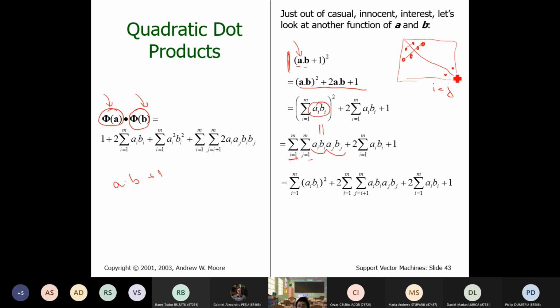Does it make sense? Because if I has a value M, let's say, and J has a value N, it is the same. So this situation is the same as having I equal to N and J equal to M. Because we will have A M B M A N B N for the first situation, and then we will have A N B N A M B M for the second.